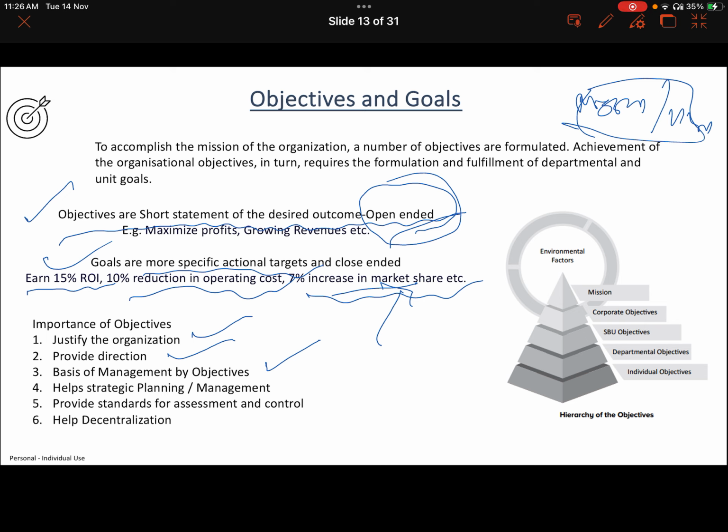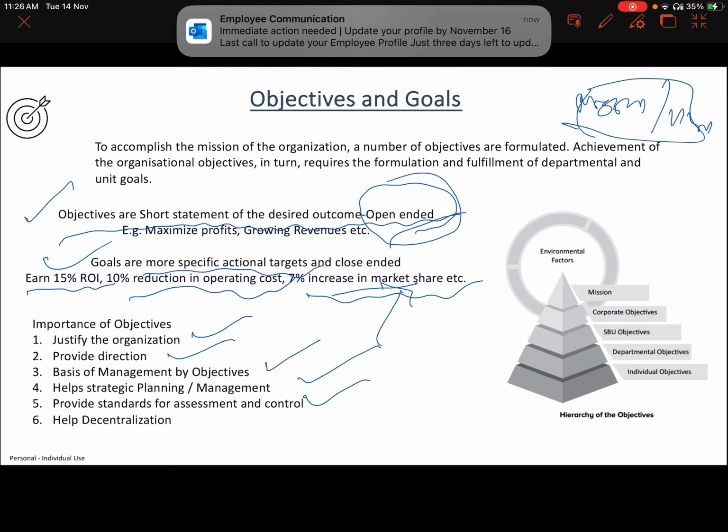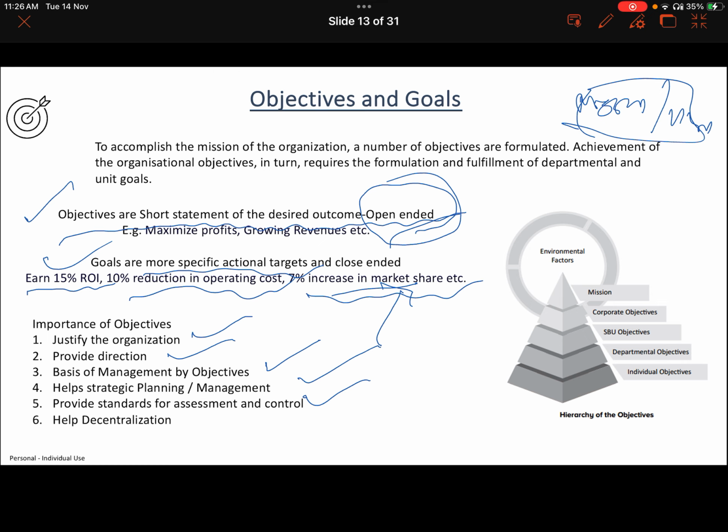Help strategic planning and management. So objectives will always help in strategic planning and management. Provide standard for assessment. Once you set the standards, then automatically it will become an assessment tool.